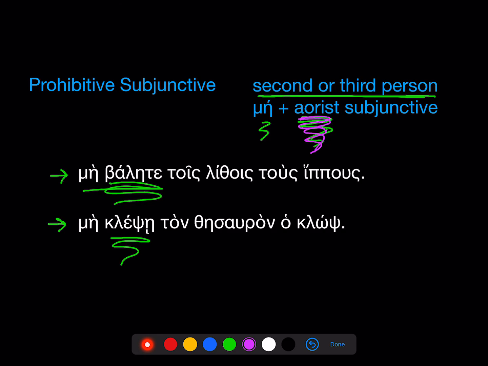So we now know three independent uses of the subjunctive: the hortatory, the deliberative, and the prohibitive subjunctive. In subsequent lessons, we'll start to learn some uses of the subjunctive in subordinate clauses.